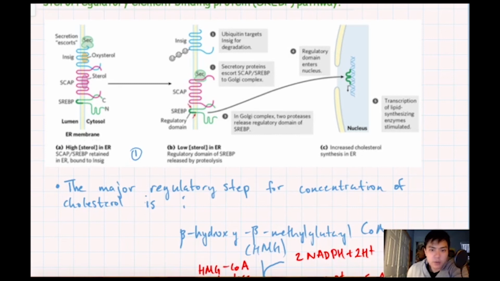Essentially, what happens when cholesterol levels get low is this INSIG is going to dissociate, and it's going to get transported down the ER, and then this little domain on your SREBP is going to be an activator of a gene sequence that synthesizes various proteins needed for lipid synthesis as well as cholesterol synthesis.